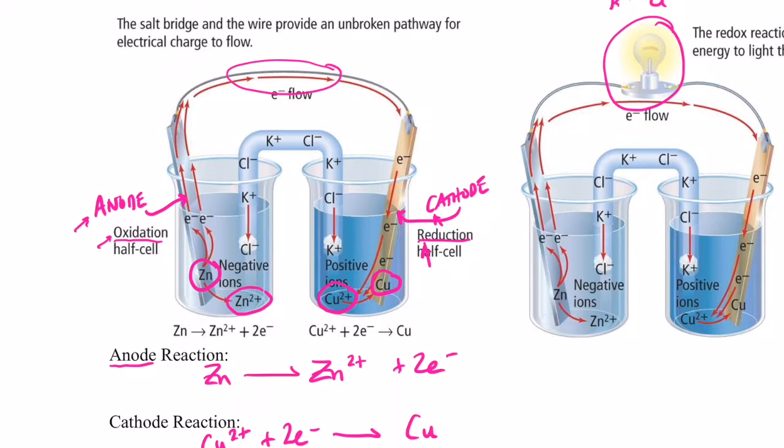Now you can see, just by these two reactions, that the zinc electrode is dissolving. It's producing zinc 2 plus ions, so its mass is decreasing. And the copper electrode's getting bigger because the copper 2 plus ions in solution are gaining 2 electrons, and they're making more and more copper metal.